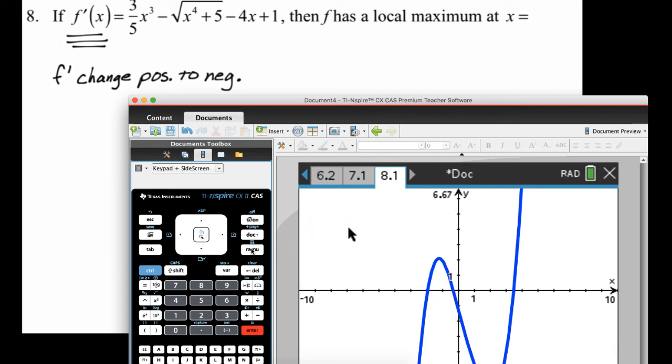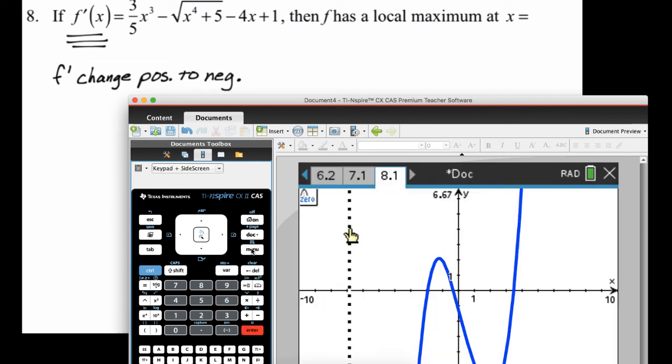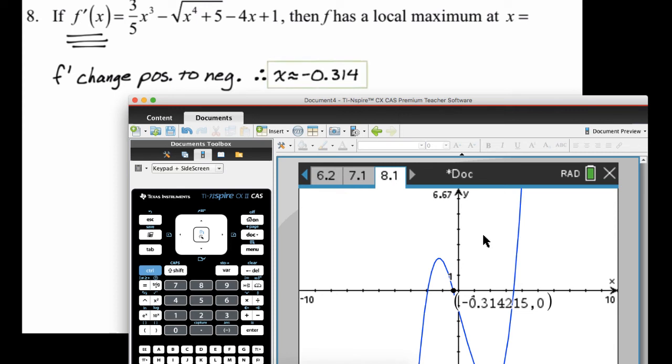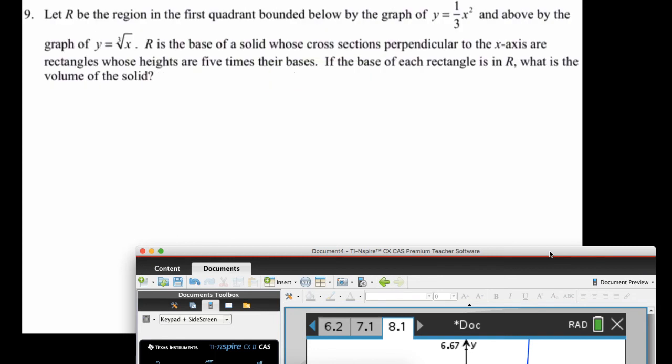I don't usually do this, but I'm going to do menu 6 and just find the zero. There's only one that makes it work. I'm going to click here, scroll across, click there. That's the zero where this thing changes from positive to negative, which means that's our local maximum. So therefore, approximately negative 0.314. All right, that one wasn't bad. I actually read the question, got it right, hopefully.